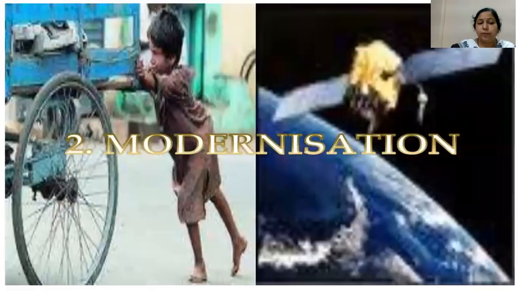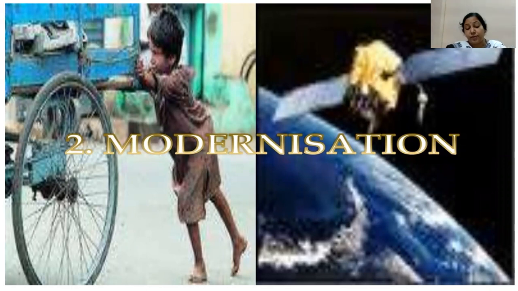Now we are talking about the second point of our 5 year plans, that is modernization. Indian planners have always recognized the need for modernization of society to raise the standard of living of people. Modernization includes adoption of new technology or changes in the social outlook.